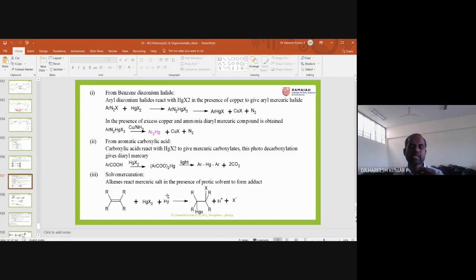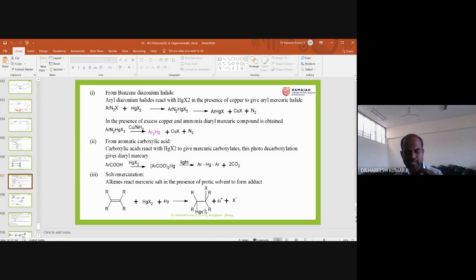Suppose we are taking methanol as a solvent, the lone pair present on the oxygen attacks here and forms a bond. The obtained compound is called the solvomercuriated product.